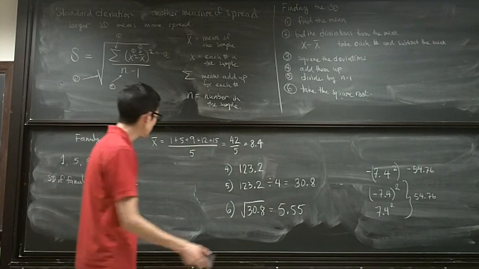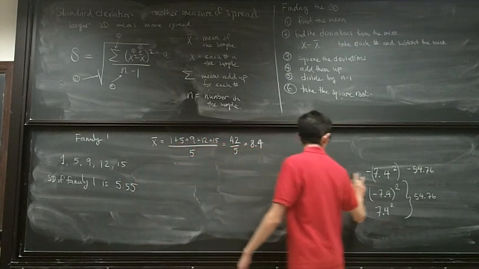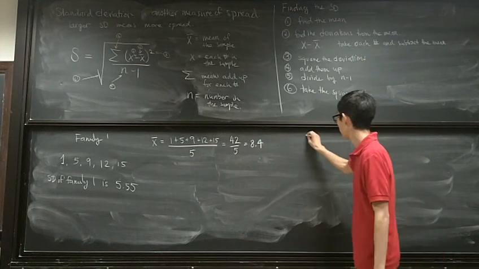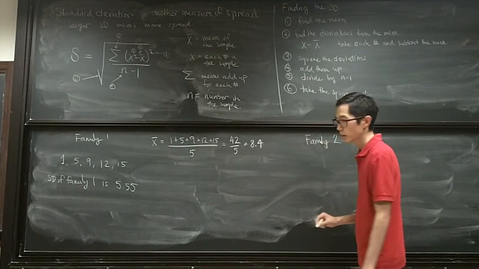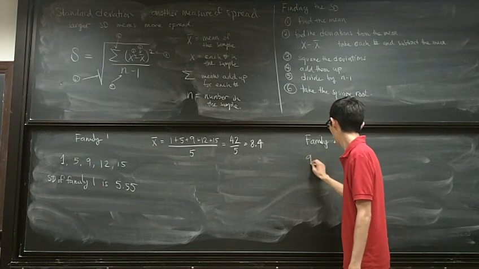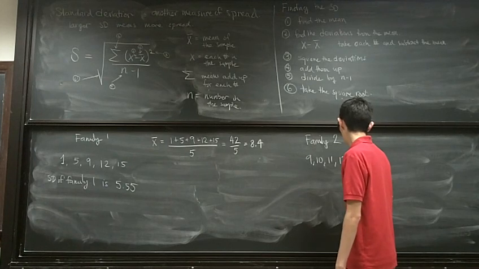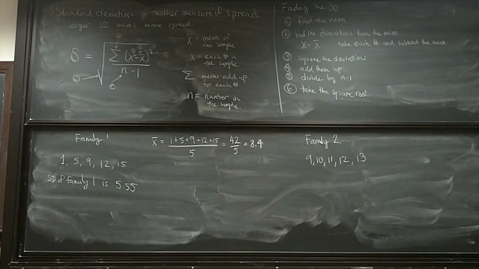Okay, so I want you guys to try this out again and work on family 2. And I don't remember what those ages were. Whatever. Okay, 9, 10, 11, 12, 13. These are the ages in family 2. I want you to find the standard deviation of these 5 ages.